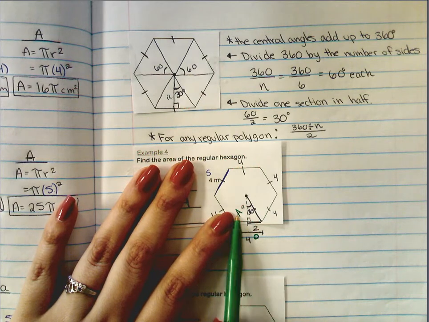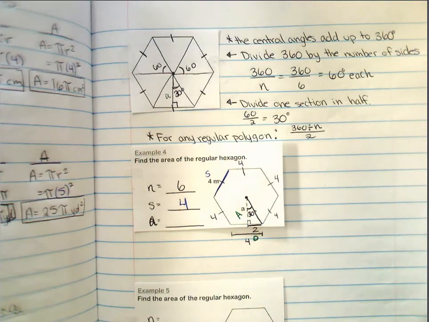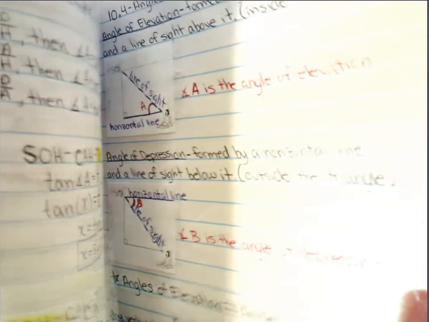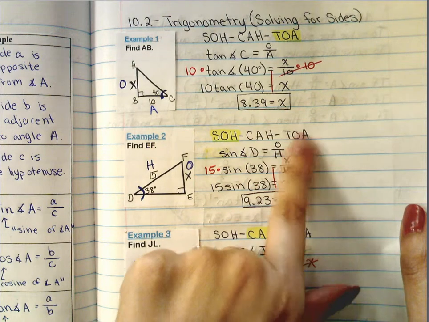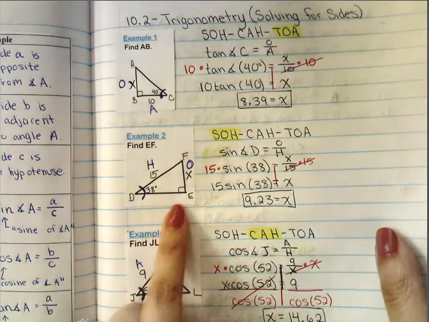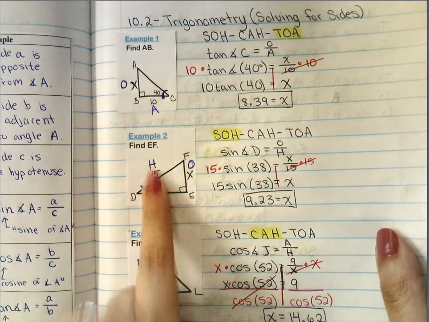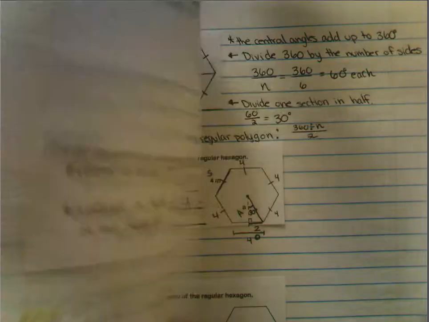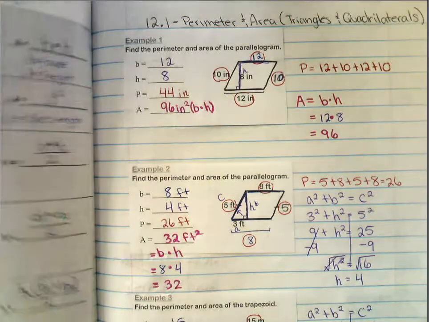And O and A, if you remember SOHCAHTOA back in Unit 10, O and A is tangent. Just want to flip back to show you that. When we were doing SOHCAHTOA, O and A, that's tangent. We had right triangles, and we had an angle and a side, and we were able to use trig. That's why we have to do the same thing on today's examples.